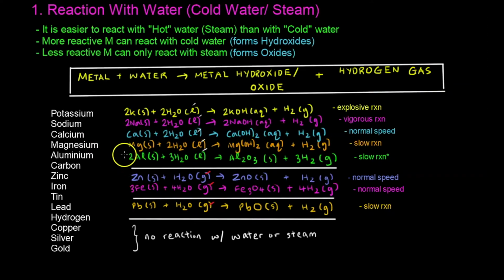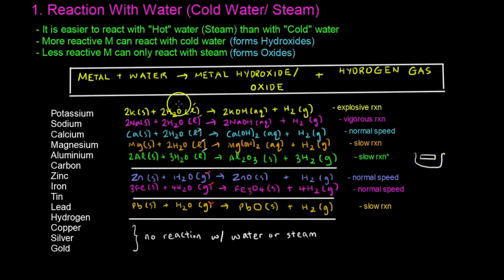Next one is aluminium. Aluminium has its own molar quantity. It forms aluminium oxide, and it's a slow reaction. I put a star here because I want to explain it further. When aluminium oxide forms, it stops the reaction completely, because this is a coating. For example, I have aluminium here, and when I drop it in water, let me just draw my water.